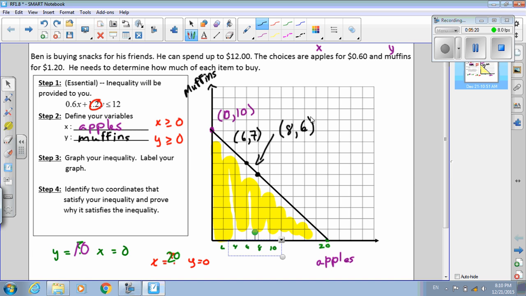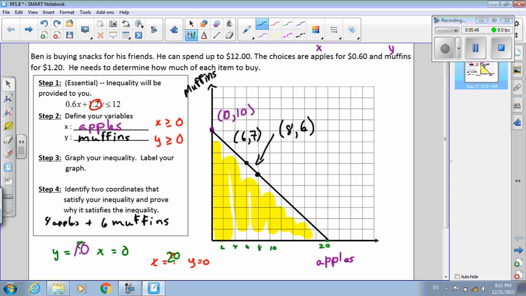So two possible solutions to the question. You could say 8 apples and 6 muffins would be one, or you could say 6 apples and 7 muffins.